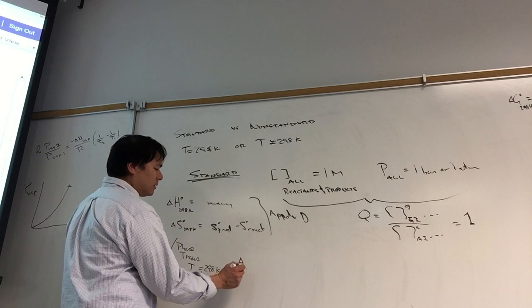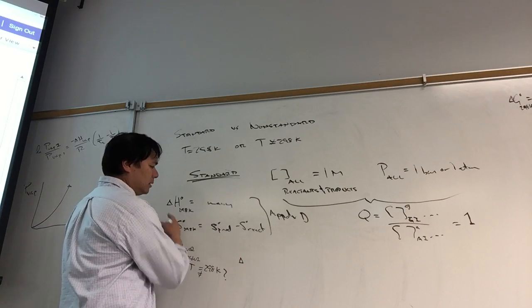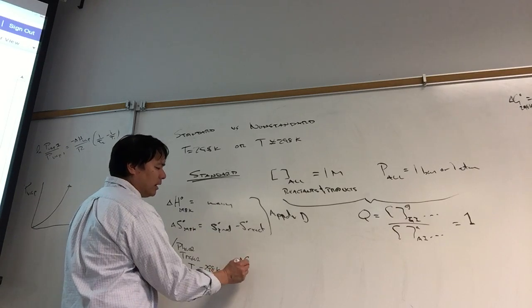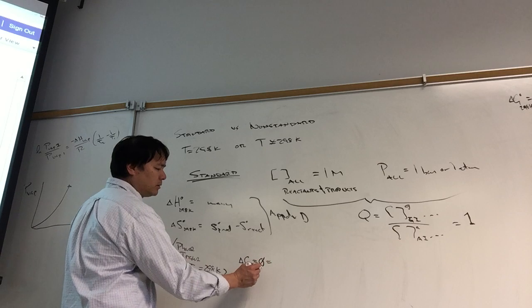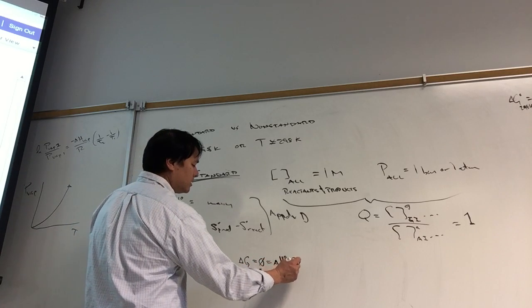Sometimes we'll calculate delta H in this way. At a phase transition, the system's at equilibrium. Delta G naught is equal to 0, which is equal to delta H naught minus T delta S naught.